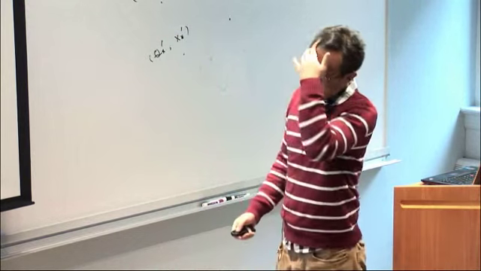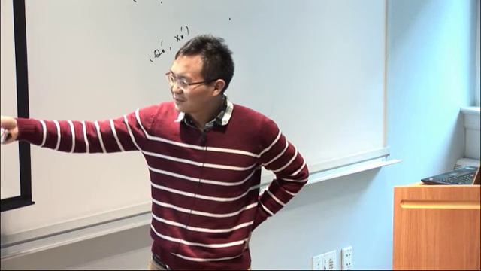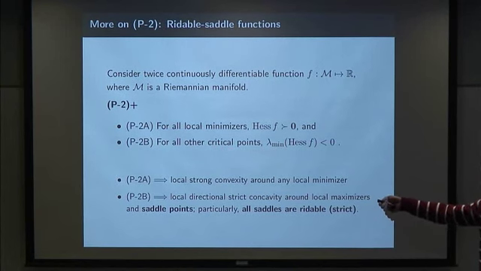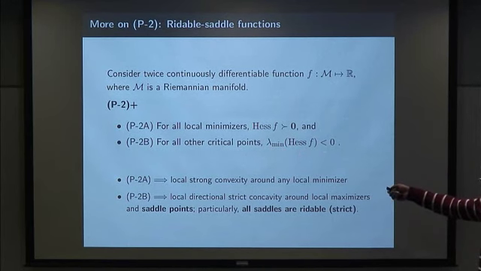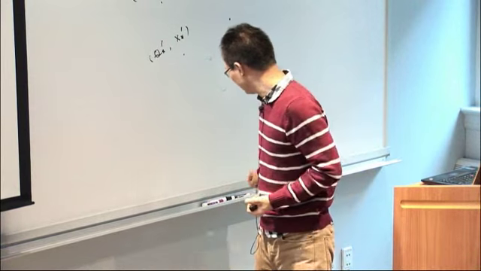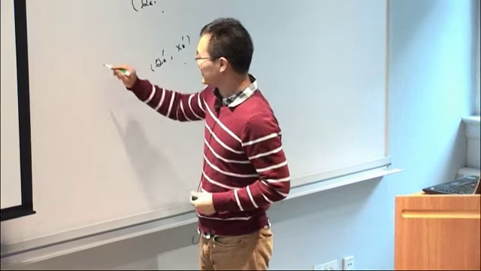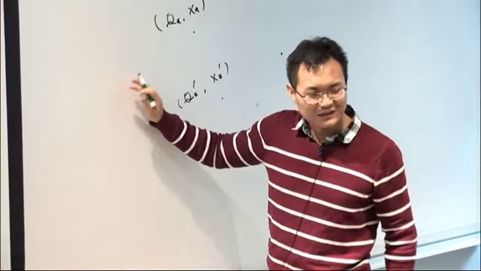Yes. And also, we make assumptions on the maximizers. So for all the other critical points, that means either saddle points or maximizers, the Hessian has at least one negative eigenvalue. That means for the maximizers, you don't have a flat set of maximizers.